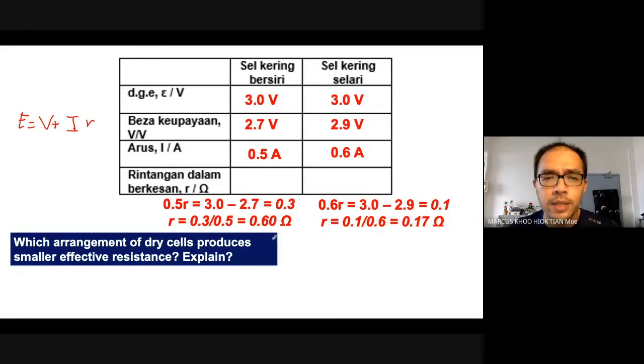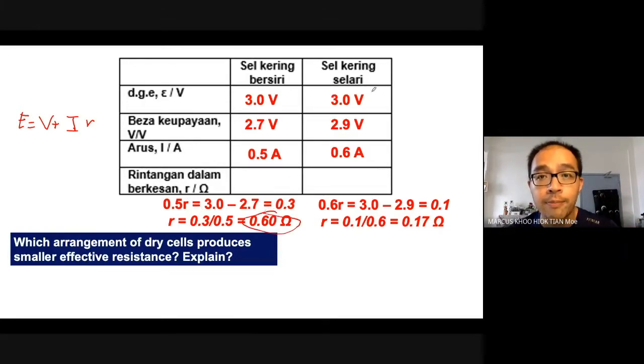V is this one and then I is this one. Then what you do is you can count the R. For this one, it will be 0.6. For this one, it will be 0.7. Sekaligus membuktikan bahawa in a series circuit, the effective resistance is higher.